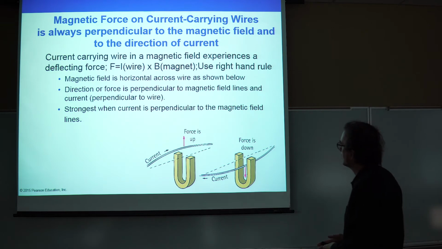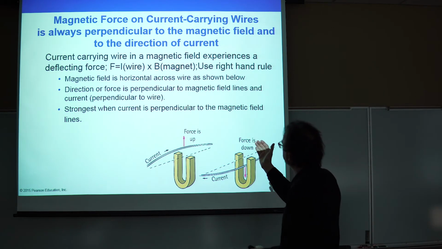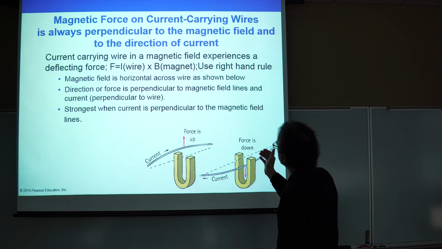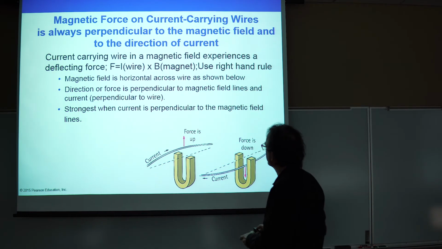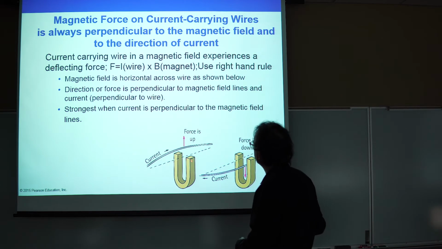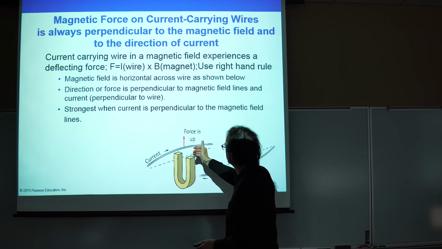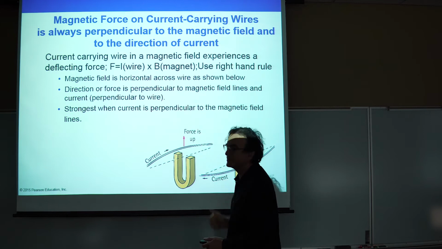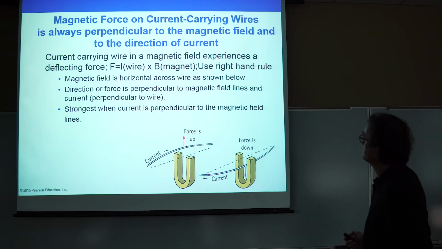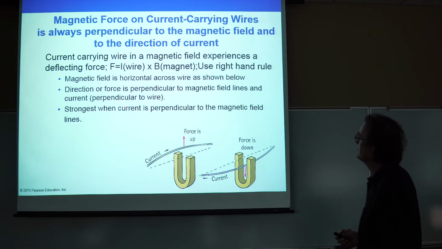Therefore, if I take my right hand and curl my fingers from the vector direction of the current towards the vector direction of the magnetic field, the resulting direction of my thumb gives me the direction of the force. That's a case where the direction of the force is perpendicular to the magnetic field lines and to the current of the wire itself.